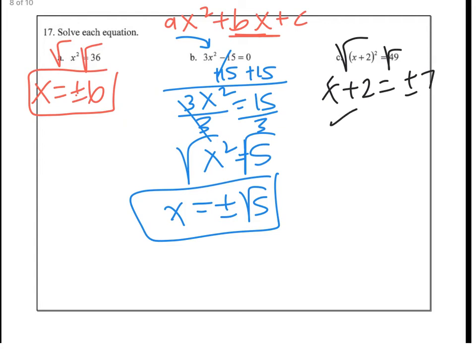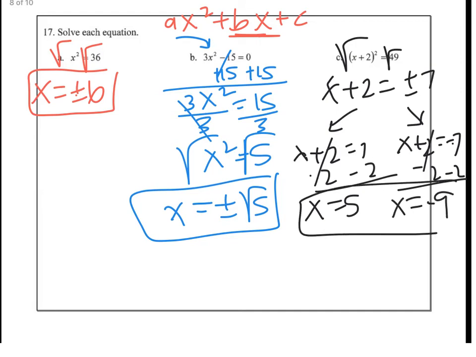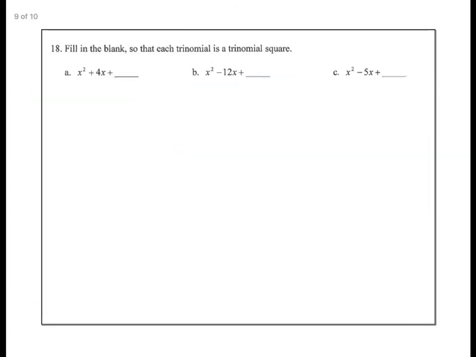This is an instance where I would split my equations, and I would do x plus 2 is equal to 7, and x plus 2 is equal to -7, and solve each separately. So I'd subtract 2, so x would be equal to 5, and x would be equal to -9. That would be the fastest way to solve this one.